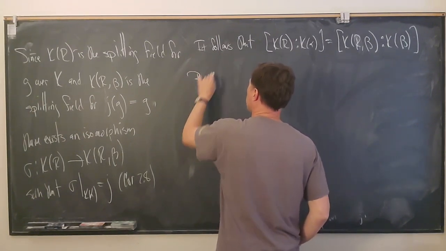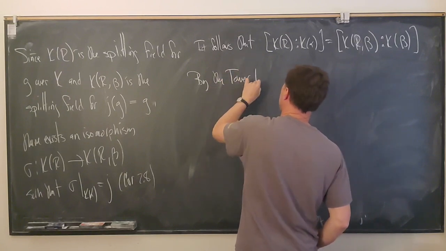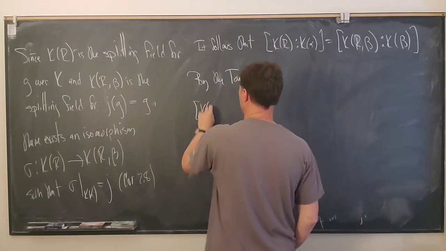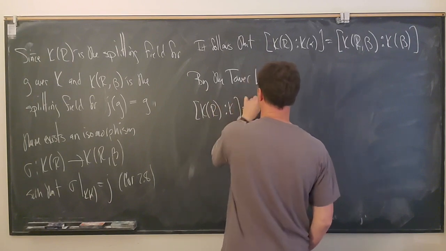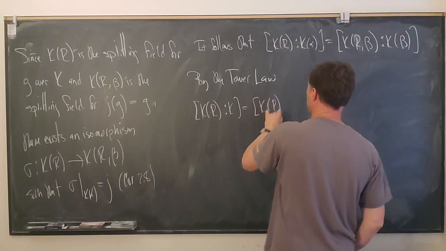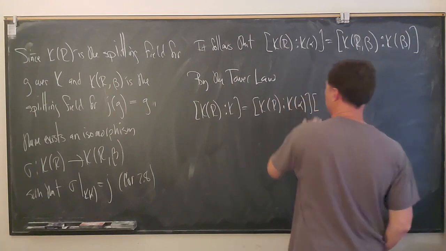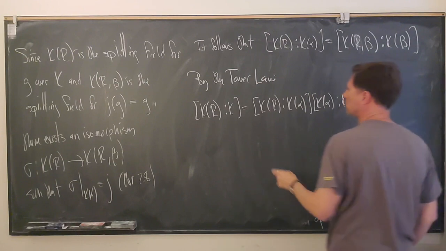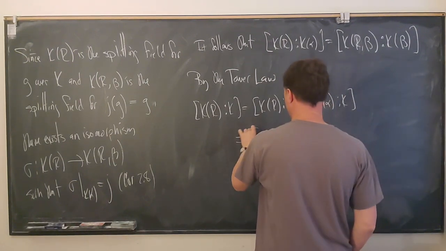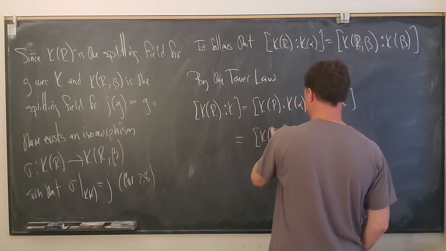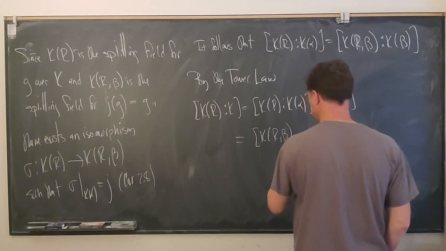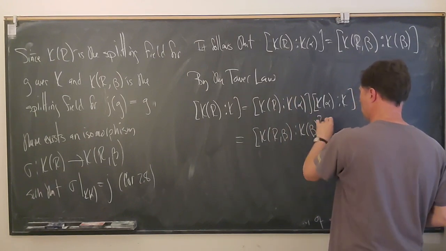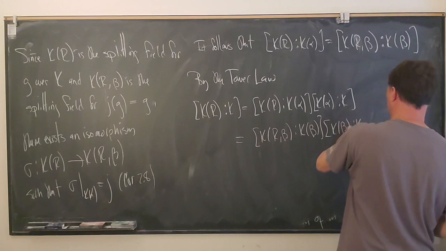So by Tower law, the degree of K adjoin R over K is equal to the degree of K adjoin R over K adjoin alpha, times K adjoin alpha over K, which is equal to K adjoin R and beta over K adjoin beta, because these are equal, times K adjoin beta over K, we know that these are equal.